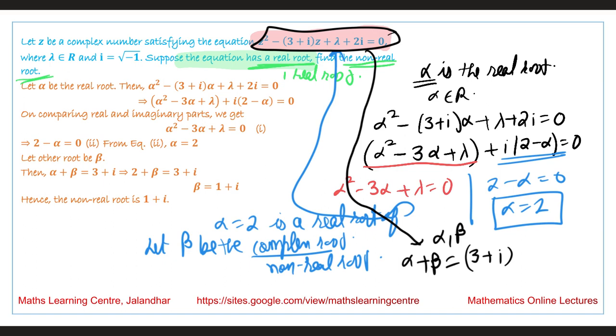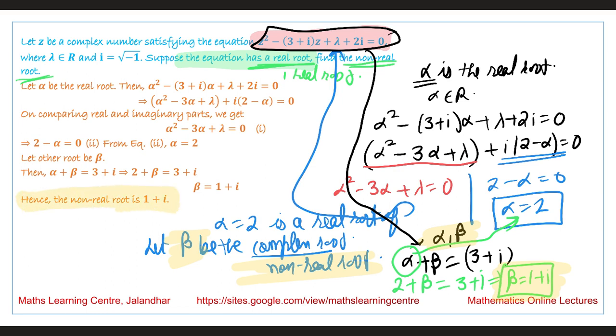The value of alpha we have calculated is equal to 2. So we get 2 plus beta is equal to 3 plus iota. This implies beta is equal to 1 plus iota. So this is the root that we have to calculate. The non-real root is 1 plus iota, and the real root is alpha equal to 2.